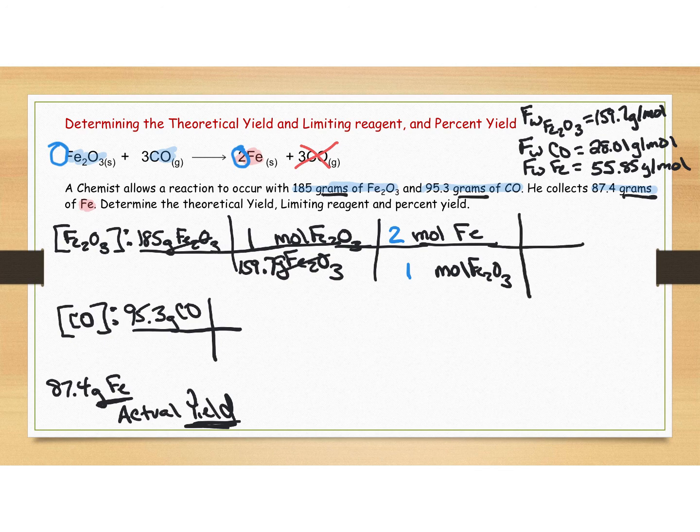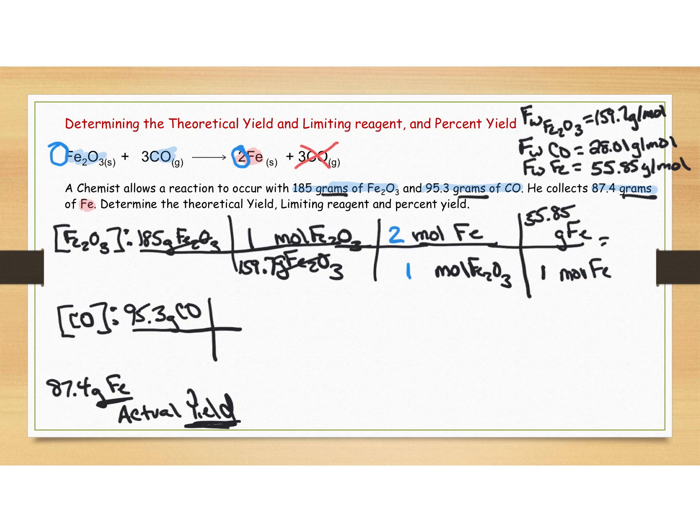My last step is to go from moles of Fe to grams of Fe. So 1 mole of anything is equal to its atomic mass in grams, 55.85 grams.